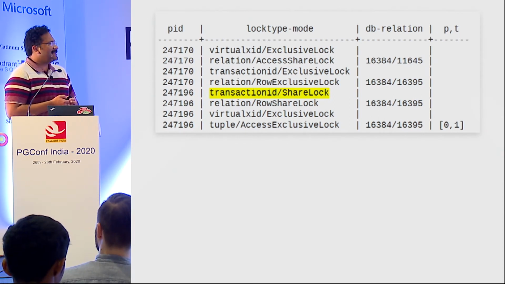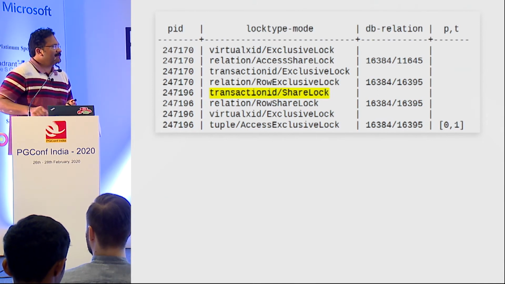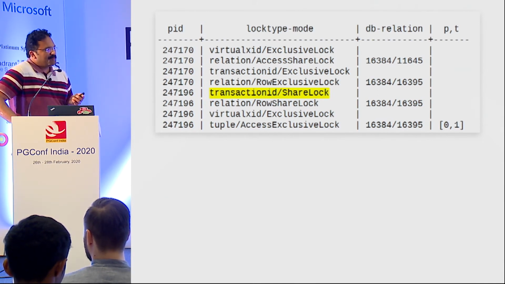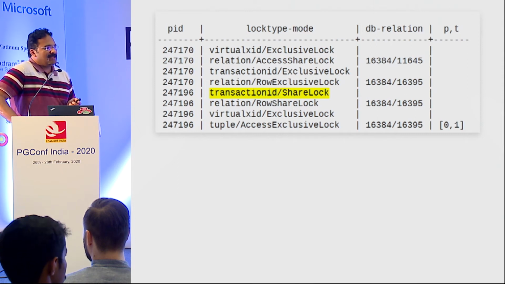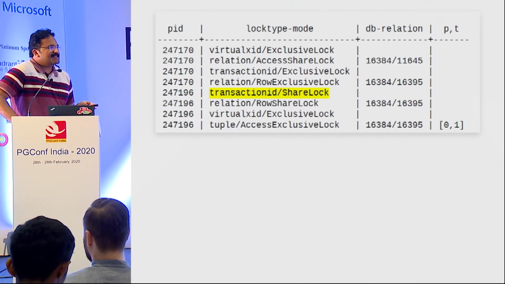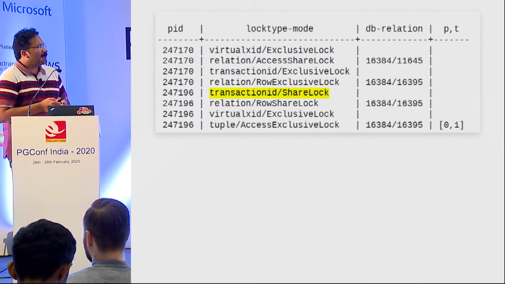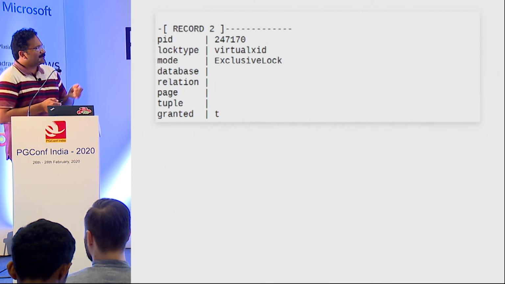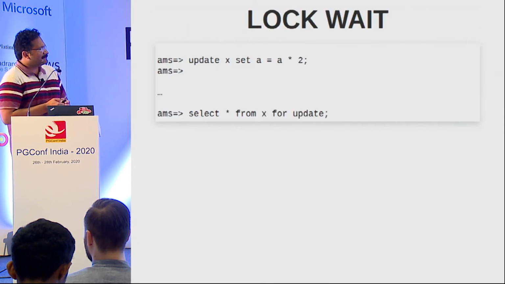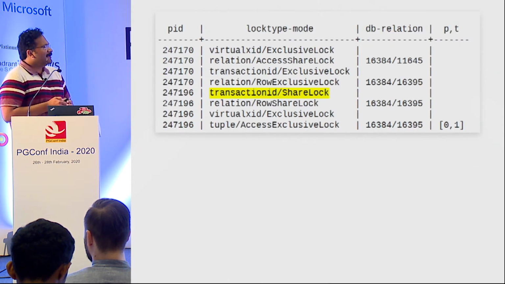So what happens is that Postgres realizes that the second session needs to wait for the first transaction to complete before it can acquire the locks it needs. So it's trying to acquire a share lock on the transaction ID that the other transaction already has a lock on, which is this sort of lock that we looked at before.